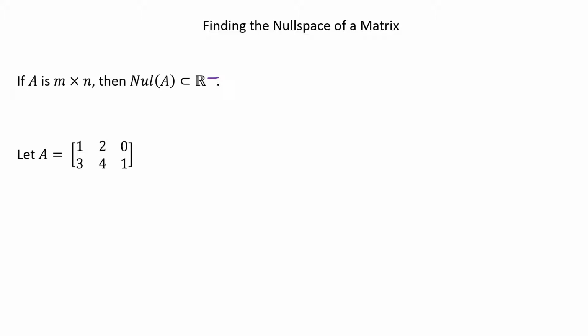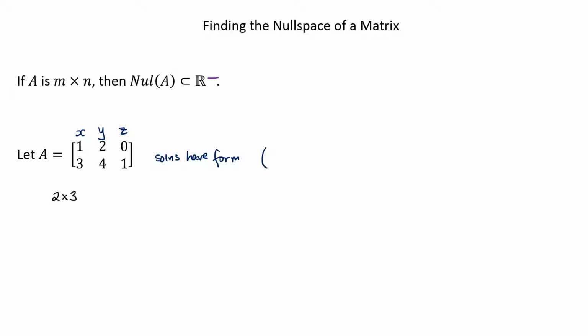It can be helpful while we're doing this to keep in mind where our null space lives. In this last example, we had a matrix that had 2 rows and 3 columns. When we were writing out solutions, we said the first column represents coefficients of x, the second column represents coefficients of y, and the third column represents coefficients of z. So solutions are going to have the form x, y, z.